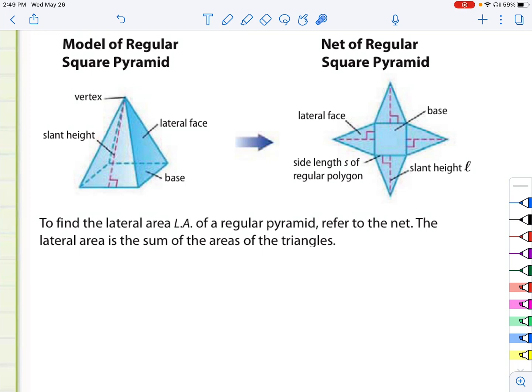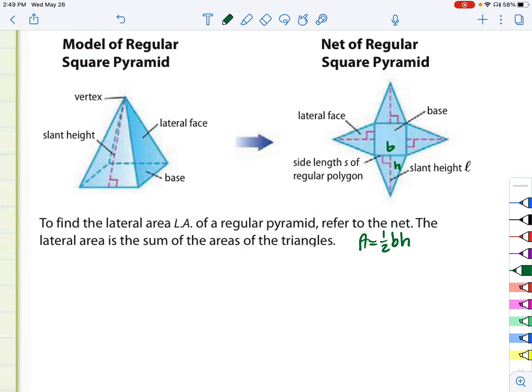We use the formula area equals 1/2 base times height. So what do we notice? In our formula for 1/2 base times height, we consider this to be our base, and we consider this to be the height of our triangle.